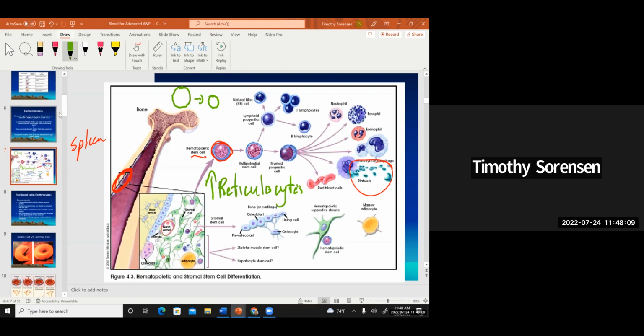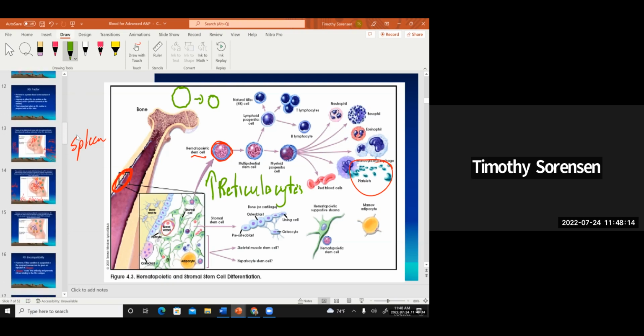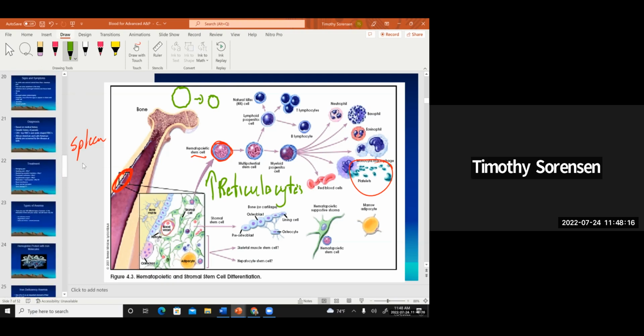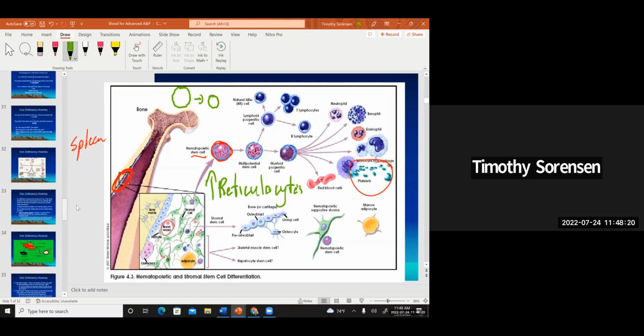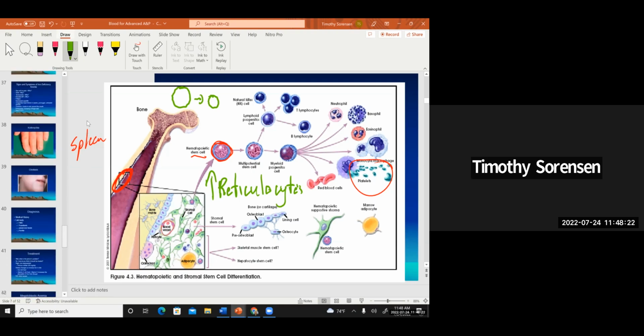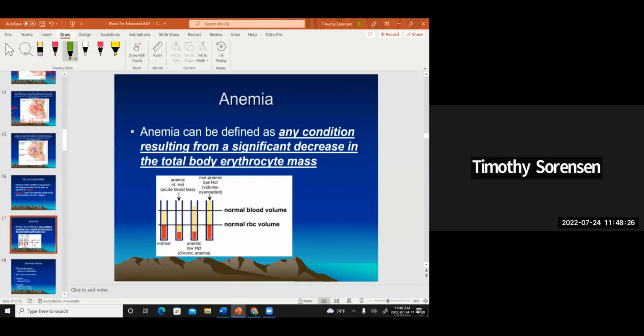So if we look here, you have that hematocrit that I was talking to you about, right? Where it is the ratio of red blood cells to plasma.